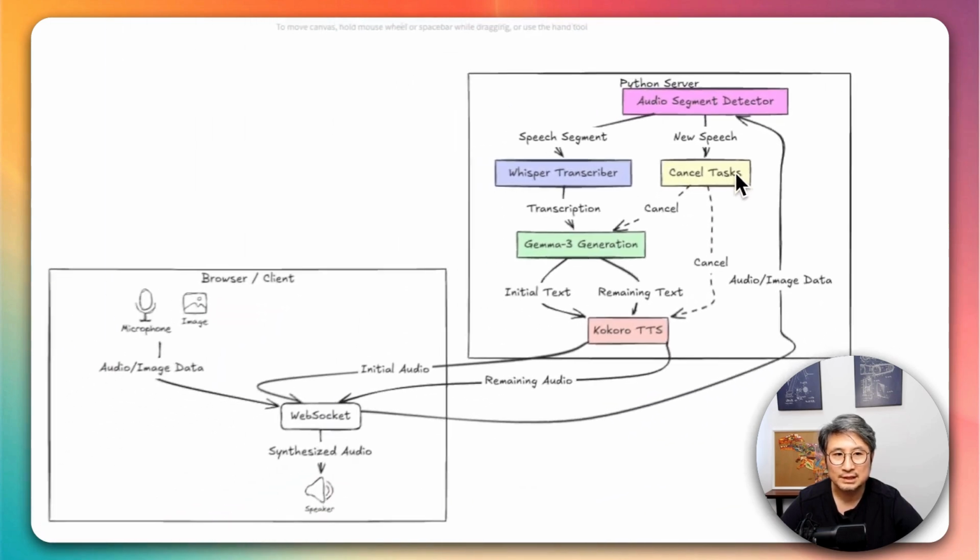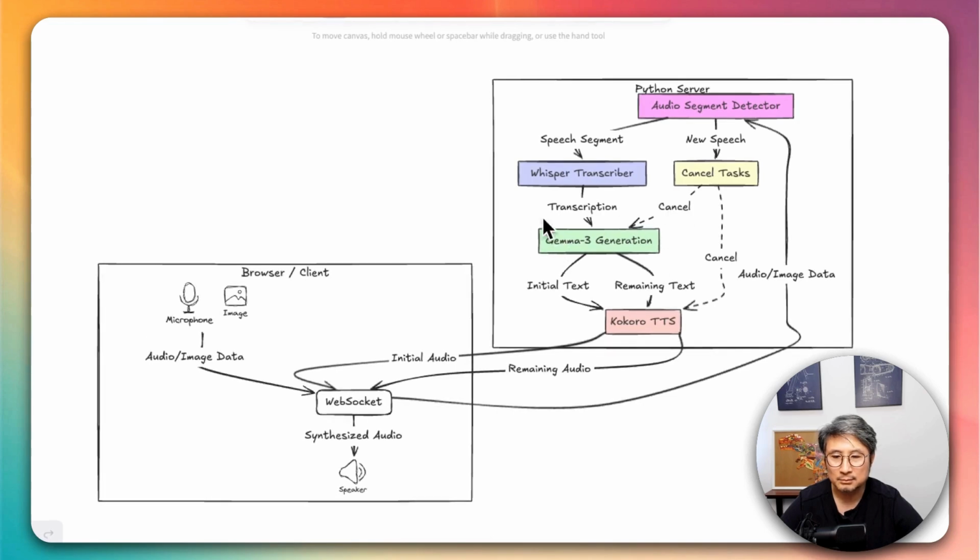This immediately cancels any ongoing multimodal generation or TTS processing and gives a signal to the front end to stop any ongoing audio playback. Then the system can process the new speech input and send the new speech output to the front end, which is the solution for interrupt handling.